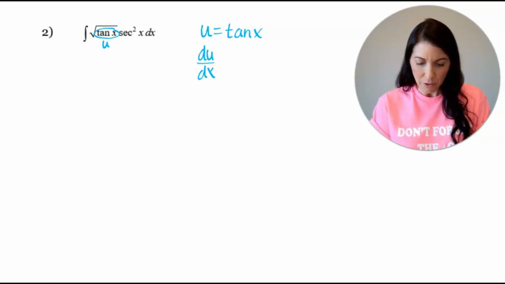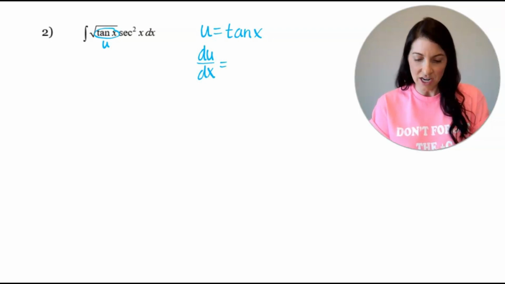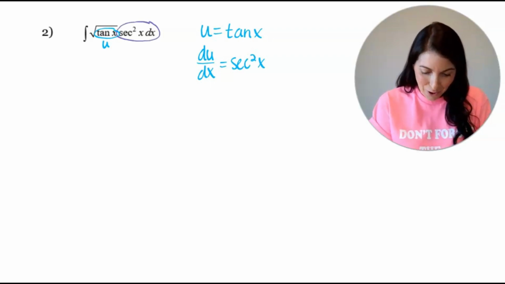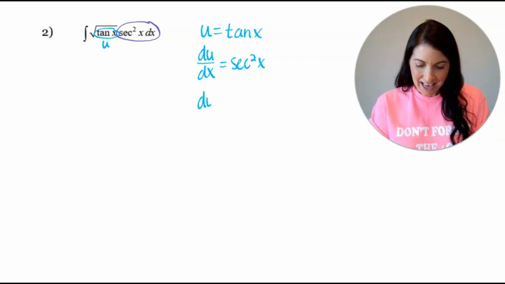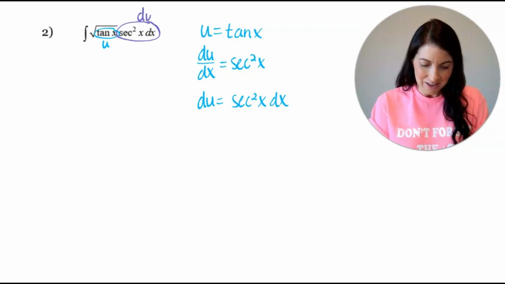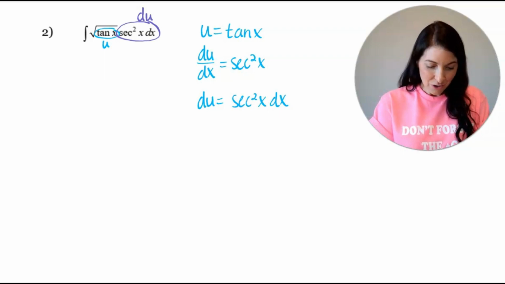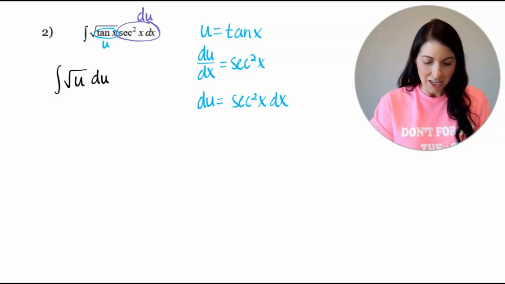And the derivative of u with respect to x is the derivative of tangent x, which is secant squared x. And this is great because I find a perfect match right there that du would be equal to secant squared x dx, and I can swap out the secant squared x dx for du. Writing my new integral in terms of u, I'm going to have the square root of u du.